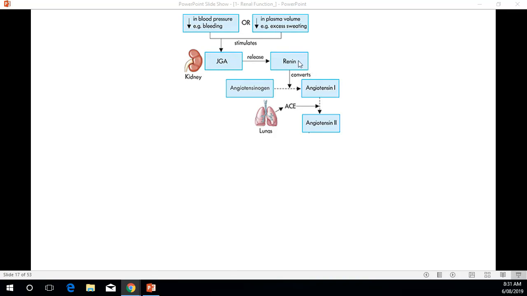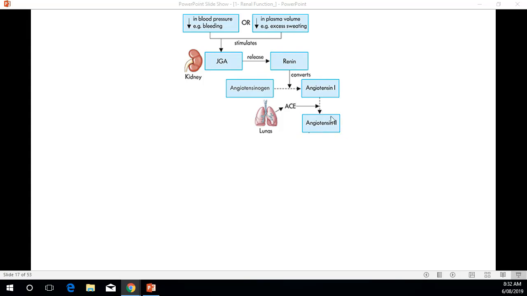These cells will produce renin, which will be secreted into the blood. It will convert angiotensinogen, an inactive protein, into angiotensin 1. This is still inactive. It is converted to angiotensin 2 by another enzyme called angiotensin converting enzyme, or ACE. Have you heard of ACE inhibitors? ACE inhibitors are drugs that block this enzyme. These are used to treat hypertension.